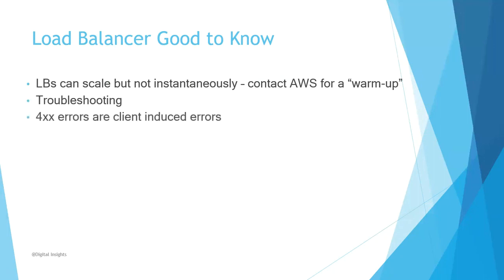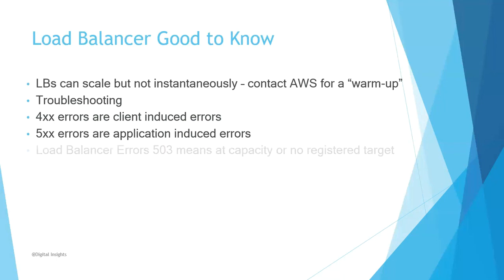Troubleshooting. Now you can have these errors. So these are client-induced errors. And these 5xx errors are basically application-induced errors. So behind the ELB, if you have any applications and you see these errors, that means it's nothing to do with the load balancer. It is because of the application.